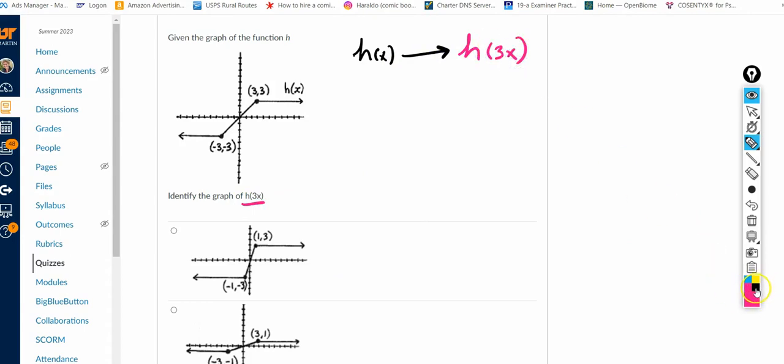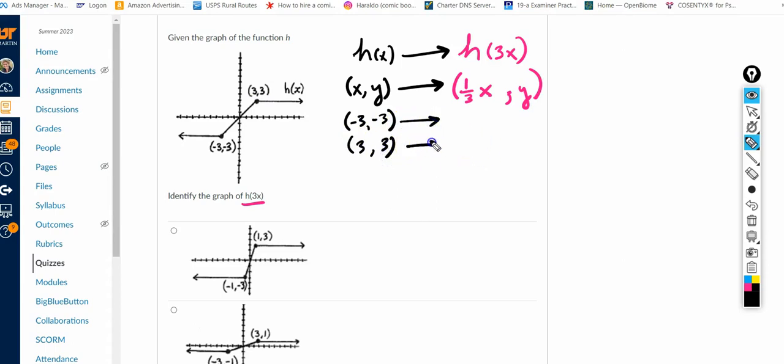So again, from the chart, if I have a point on the original h and I want a point on h of 3x, I'm going to replace the x with 3x, then my new point is going to have the same y coordinate, but the x coordinate is going to change. And in this case, again, it's from the chart. My new x coordinate is going to be 1 over 3 times x. Okay, so I can see some points here. I have -3 comma -3, and I have 3 comma 3.